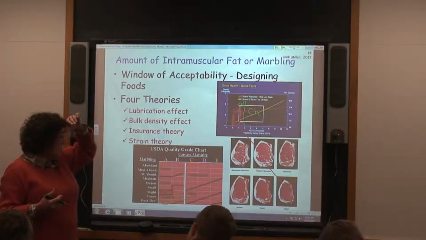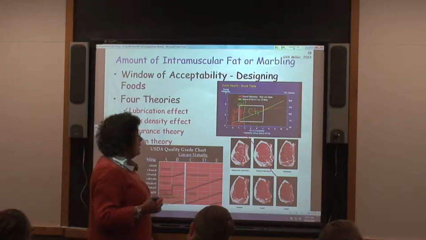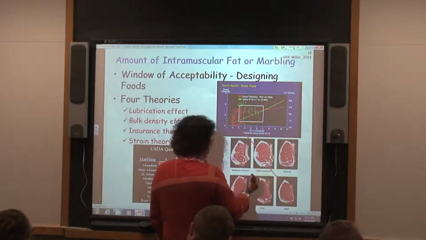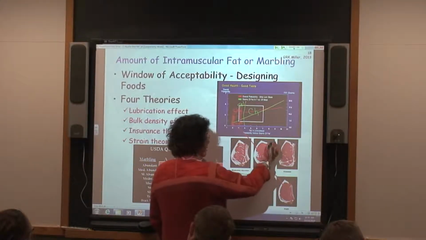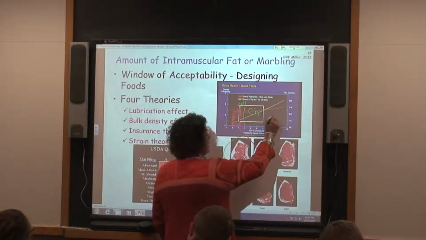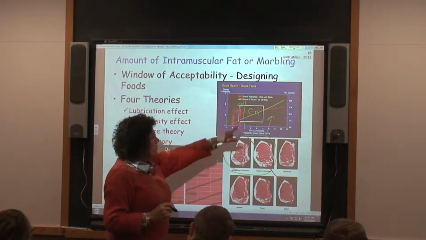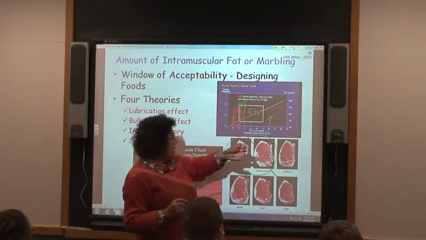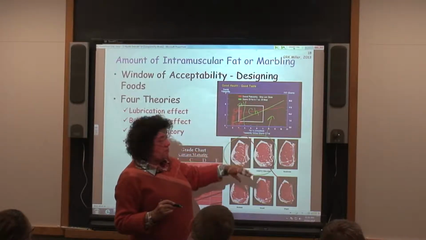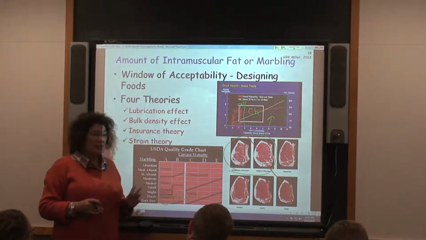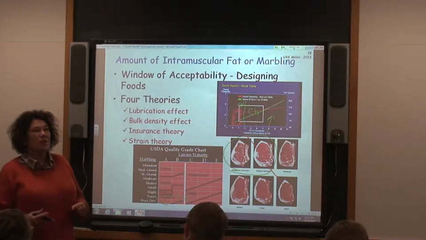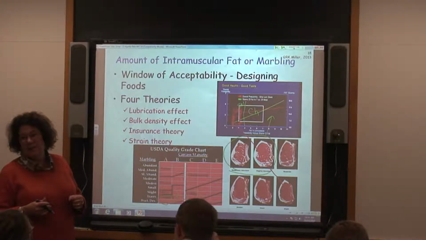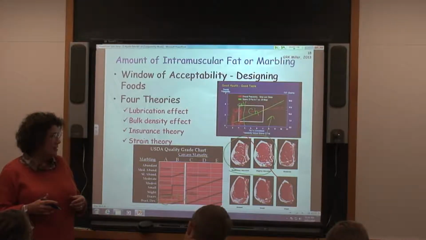When we get above choice, above 7%, which is going to be this marbling score right here, palatability continues to go up, but not at as high of a rate. And from a diet health standpoint, people don't really like to eat prime, or that high a percent chemical lipid in their meat on a consistent basis.